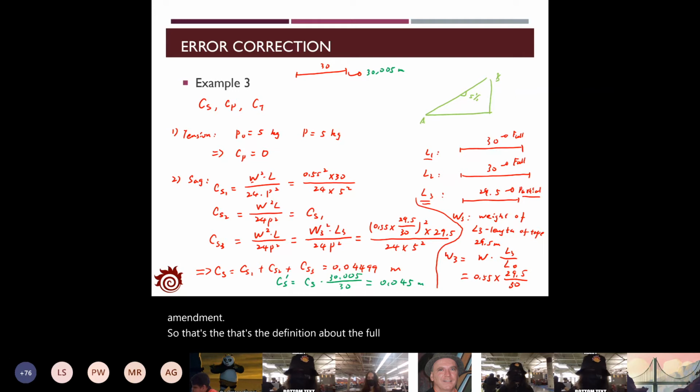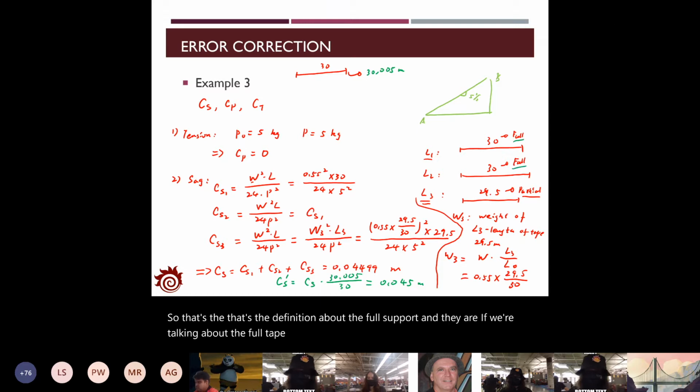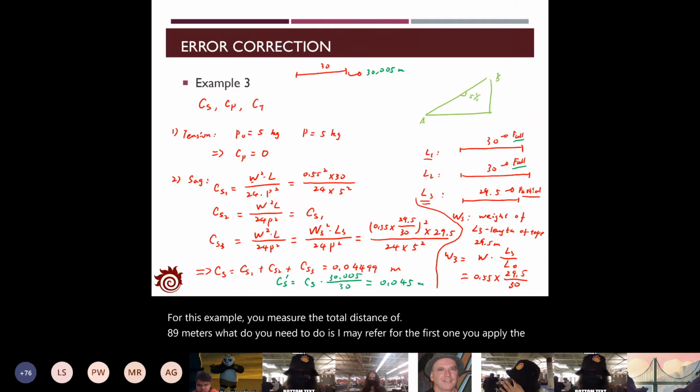And what if we are talking about the full tape? That's a different story. The full tape means that you actually use all the maximum distance measured by the tape. If the maximum distance that can be measured by the tape is 30 meters, and in this example you measure a total distance of 89 meters, for the first measurement you apply the full tape, measure the 30 meters.